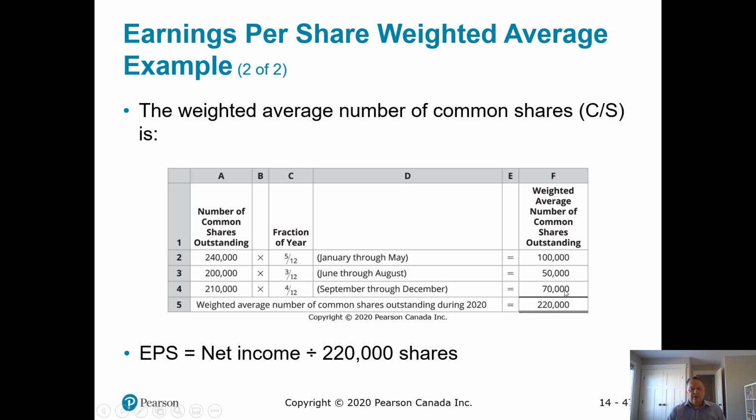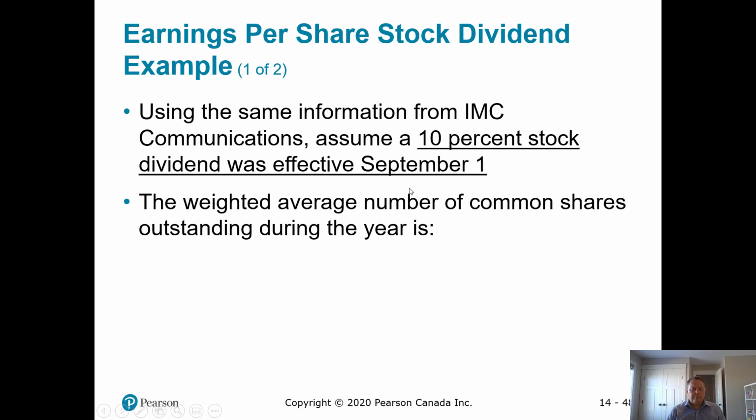Do the multiplication, you'll end up with 70,000 shares. So the weighted average number of common shares in 2020 is 220,000 shares. And the earnings per share is just the net income divided by that number.